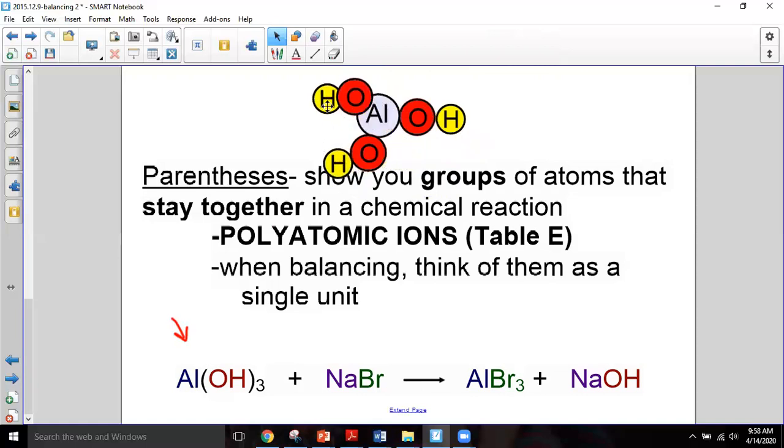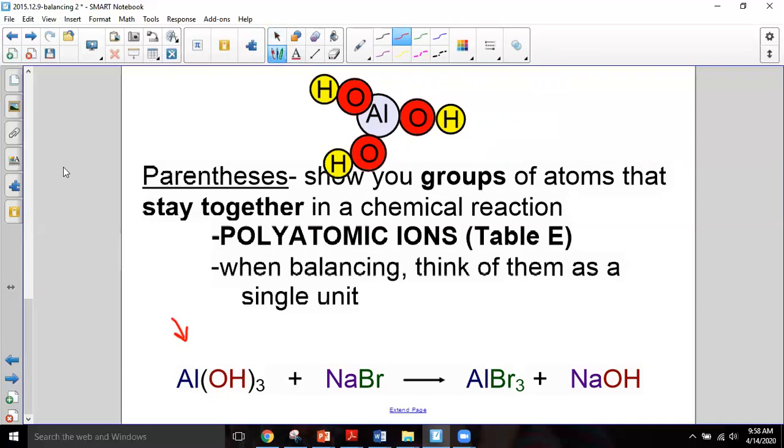So Al(OH)3, this formula down here means you have an Al and 3 groups of OH connected to it. So there's 1 group, 2 groups, 3 groups. So that 3 distributes to everything on the inside, meaning you have 3 O's and 3 H's. But I don't want you to think of it individually as O and H. I want you to think of it as a group of OH's.